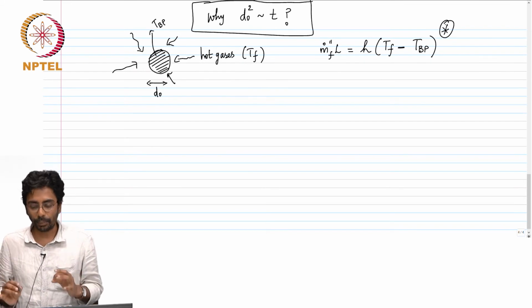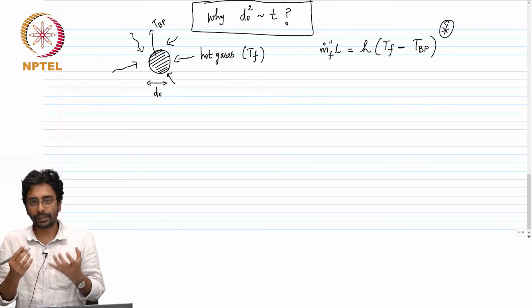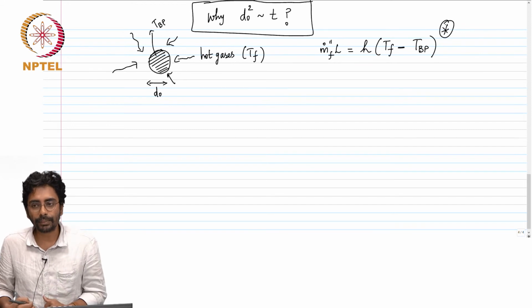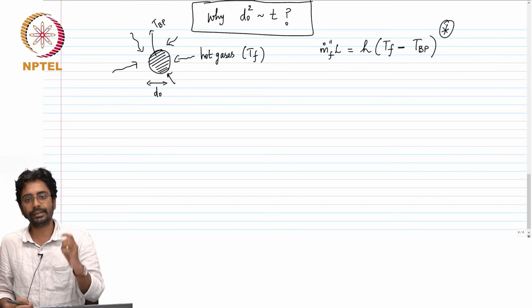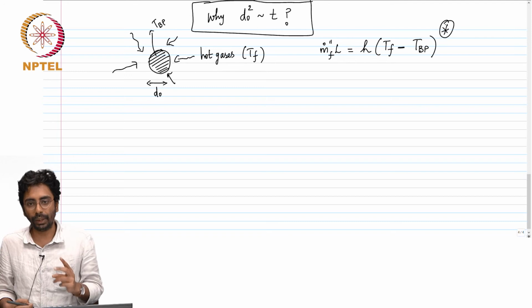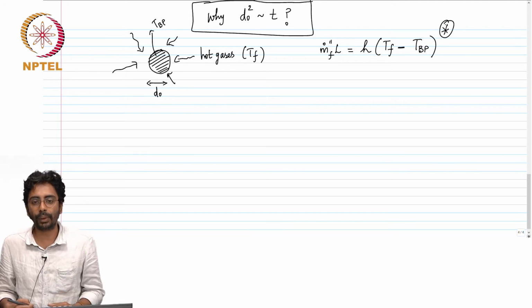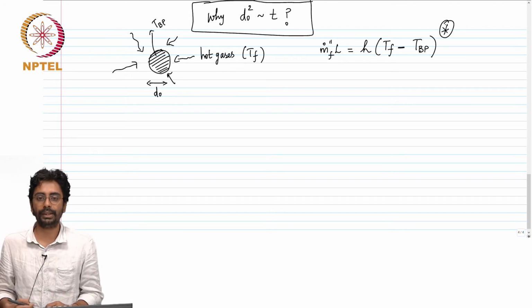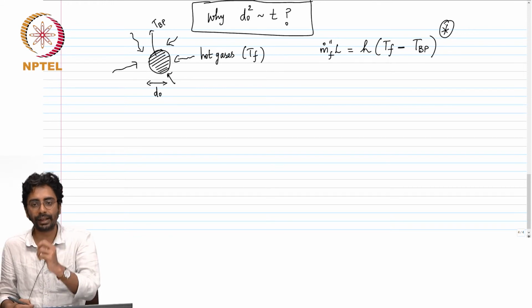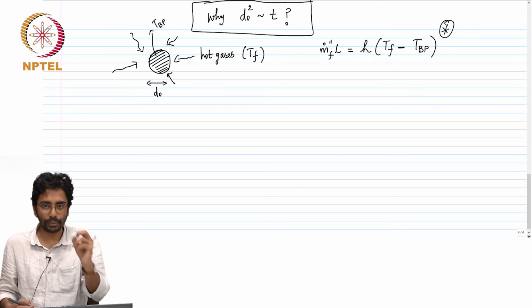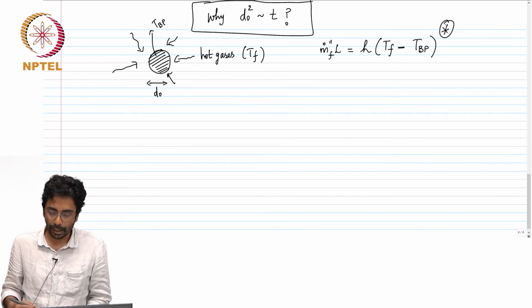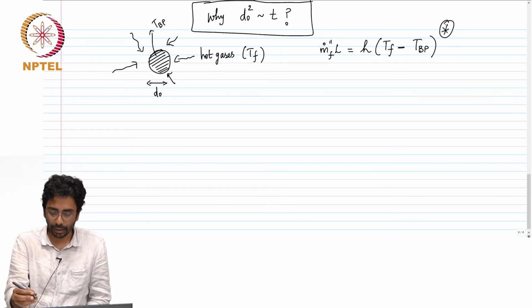This simple equation, what does it say? The droplet is vaporizing at a certain rate, and what is the rate at which it is vaporizing? That rate is dependent on two things. One, how much latent heat is required to vaporize a kilogram of the droplet, and how much heat is being transferred from the hot gases to the droplet. That is it. Okay. And now what is H?